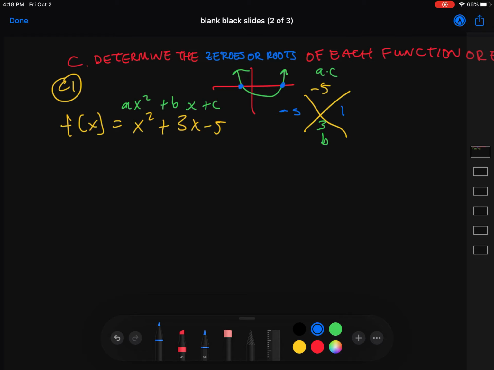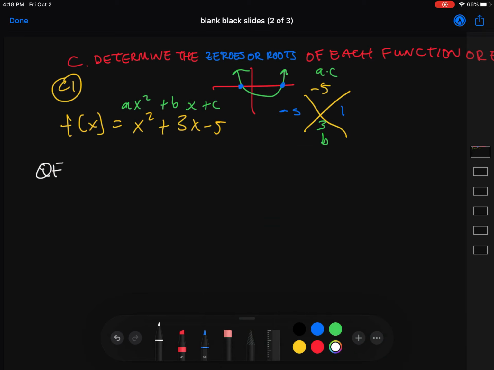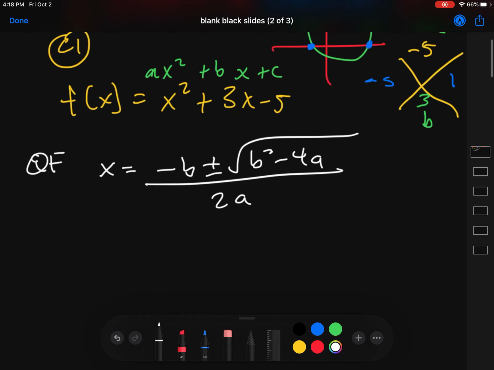Okay, so I'm going to use the quadratic formula. What is the quadratic formula? X equals negative b plus or minus the square root of b squared minus 4ac, all over 2 times a. And I'm just going to do my substitutions here.